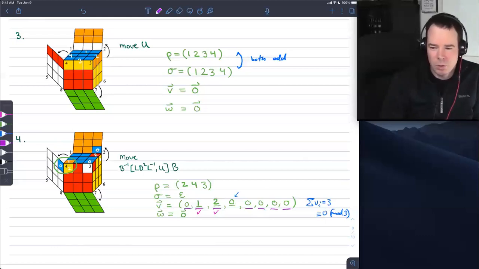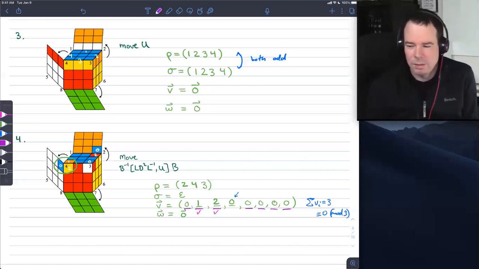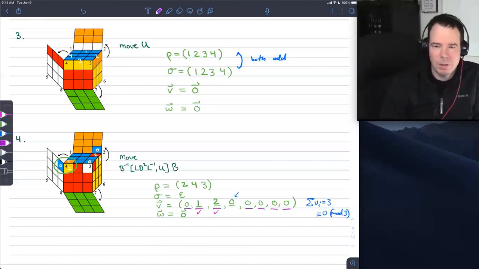There was just no other choice for that 8th orientation. If the sum of the 7 orientation numbers is divisible by 3, then that 8th one has to be 0. There's just no other choice. So the orientation of the last corner is determined by the prior 7 orientations.